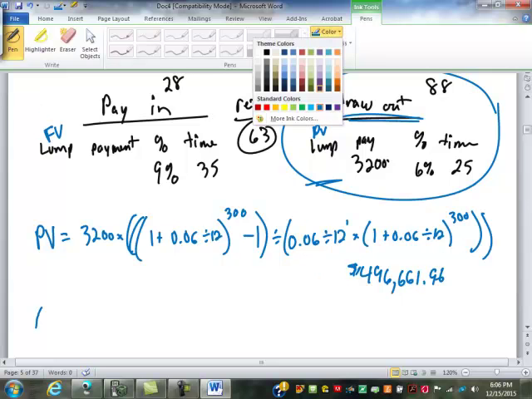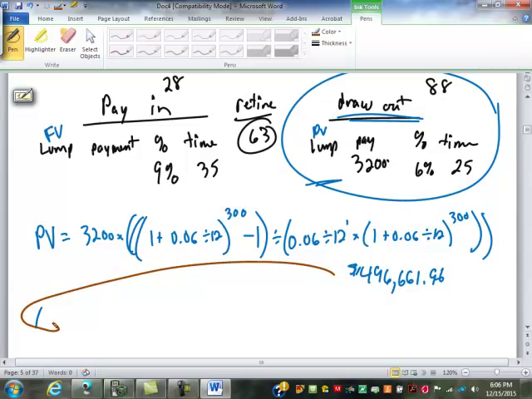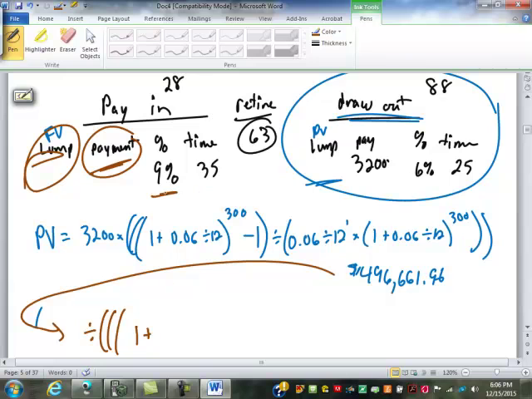So then that's the number we're going to use to start the second half of the calculation, to find the payment. So now that we know that lump sum, we can find the payment. So it's going to be divided by 1 plus 9% on the paying in side, so 0.09 divided by 12. 35 years is 420 months, minus 1, close, divided by 0.09 divided by 12. Since we're paying in, that is it.